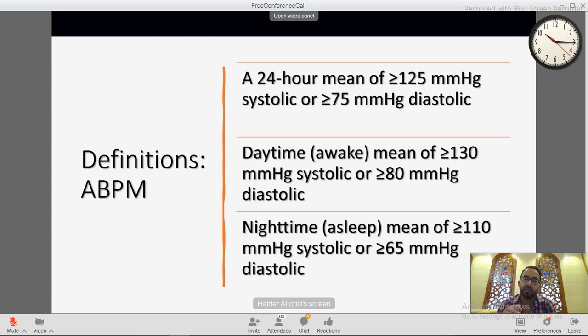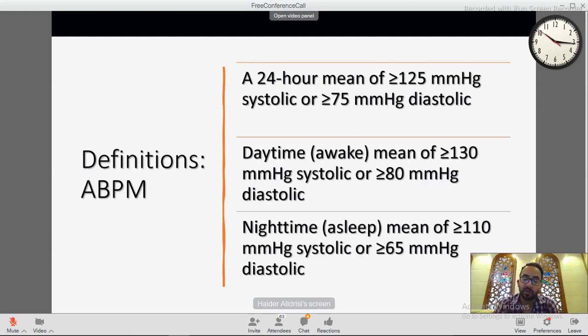You can see here that the cutoffs for the definition of hypertension differ from the cutoffs of the office readings, because simply we have to consider that a person at home at rest should have a lower blood pressure. And as you see, there is a variability between daytime and nighttime blood pressure, especially during sleep.